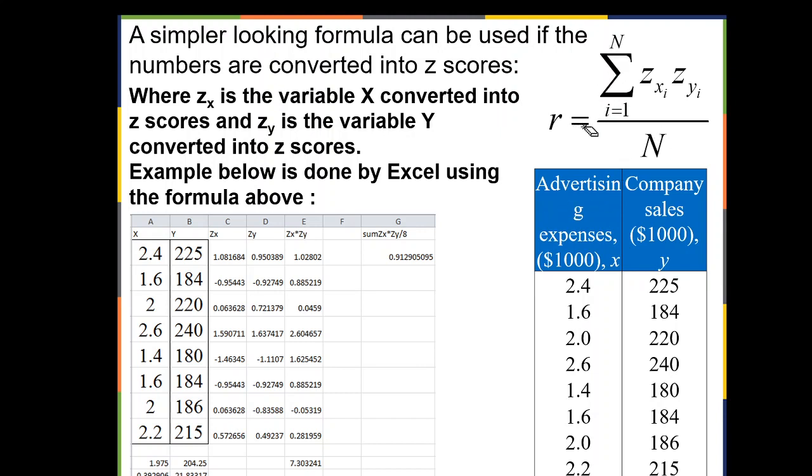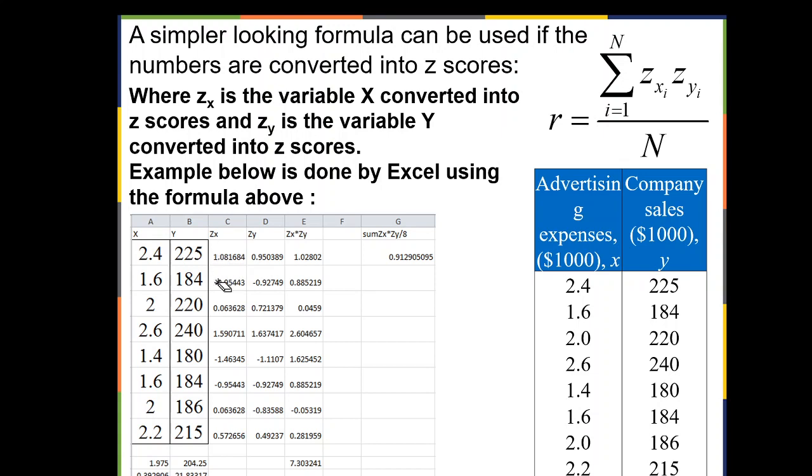You could also find r this way, which is basically finding all the z-scores for the x values. I found them here with Excel. You don't have to really do this because the calculator finds r, but it's another formula in case you want to practice with it.